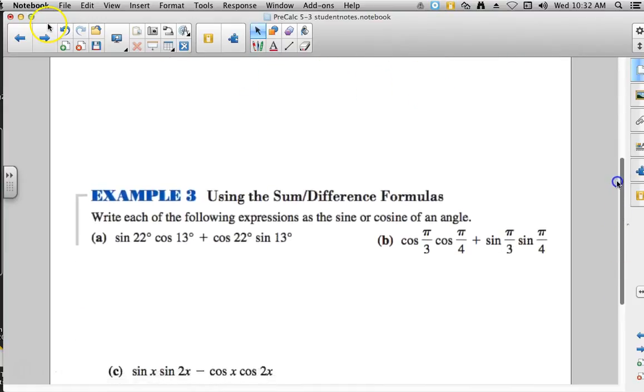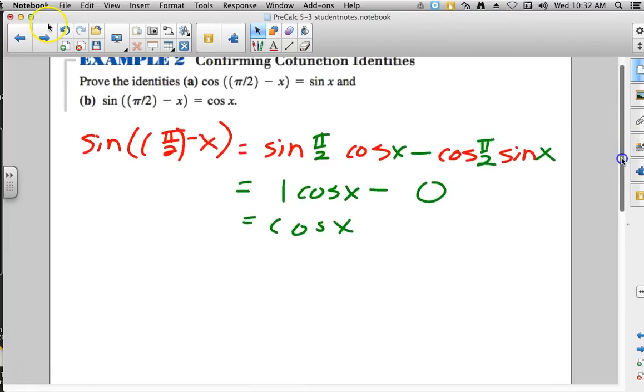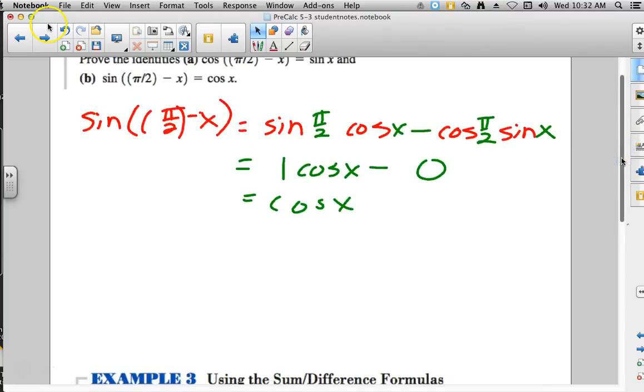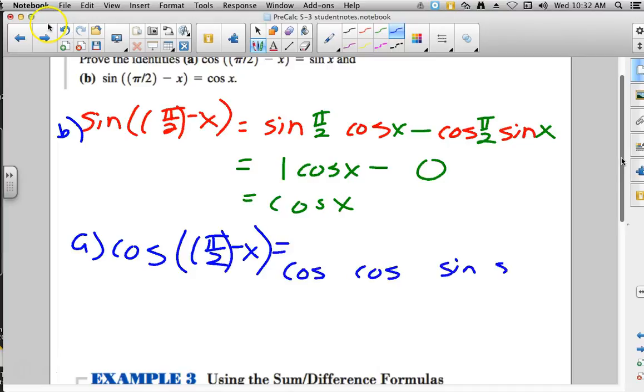Oh, wait a minute, we have one more to do. It's the cosine one. It's the same. Oh, I did B first, huh? Cosine formula. Cosine, cosine, sine, sine. But what do you have to remember?